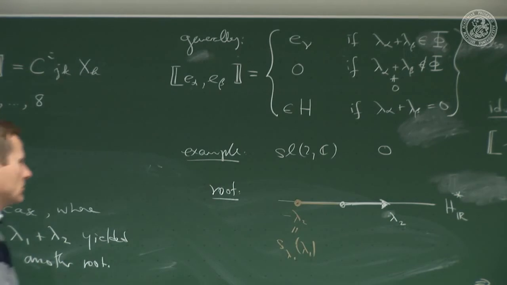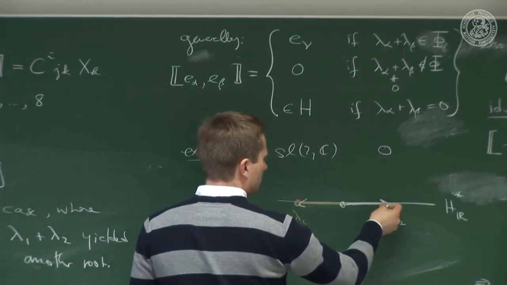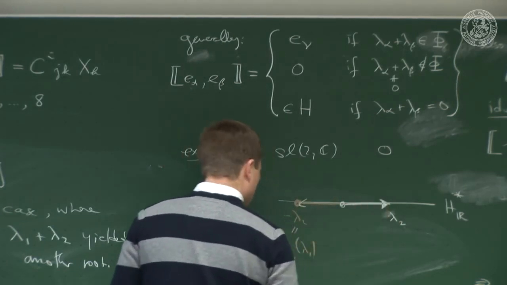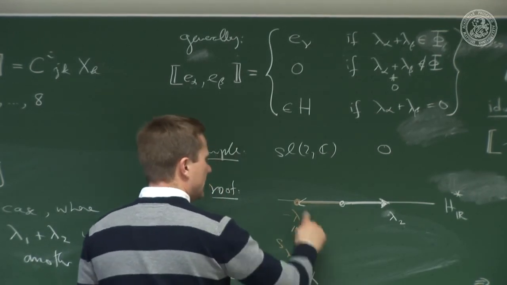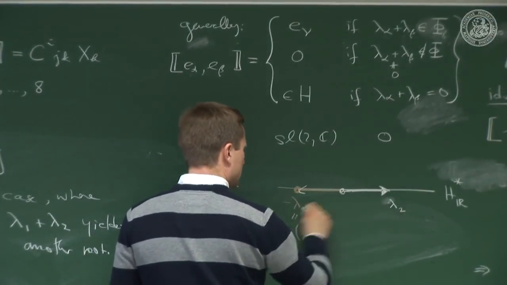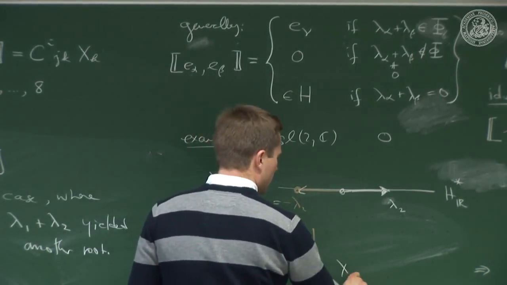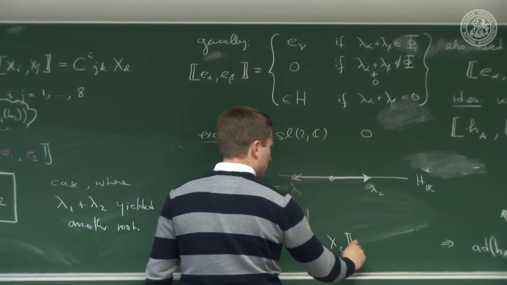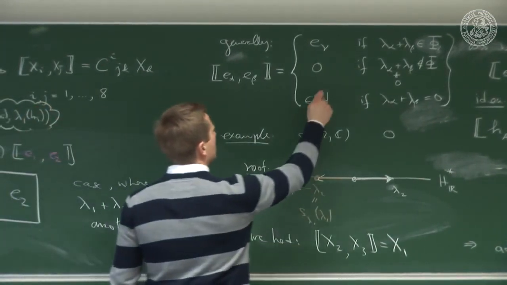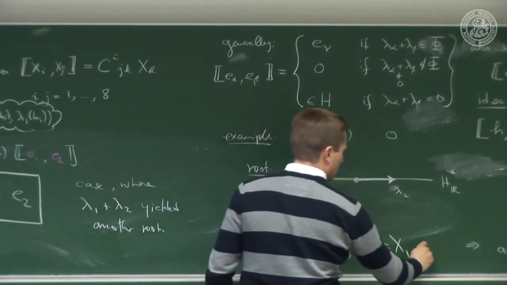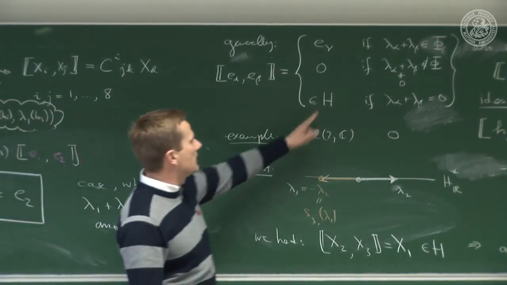So we saw all of this, and we saw that this one plus this one is 0. And indeed, we had that the eigenvector corresponding to this one, which we then called lambda 3, with the eigenvector of that one, yielded x1, and that was in the Cartan subalgebra. And that's an example for this third case up here.